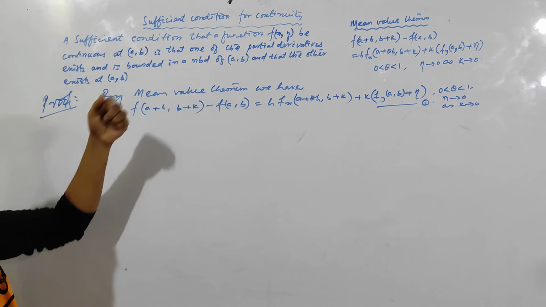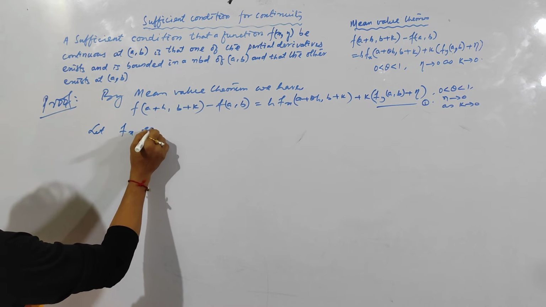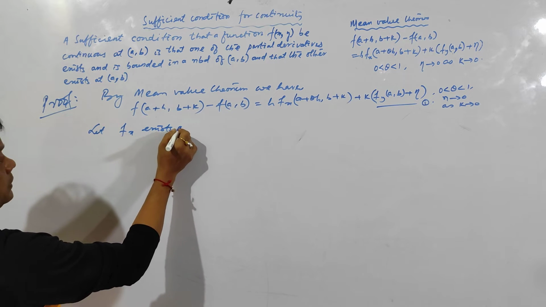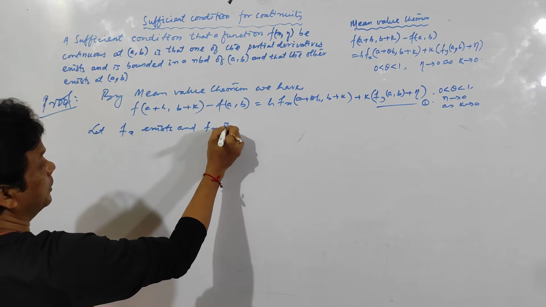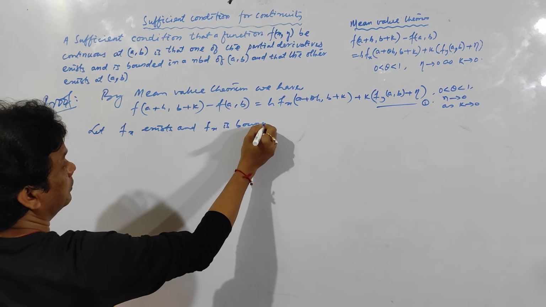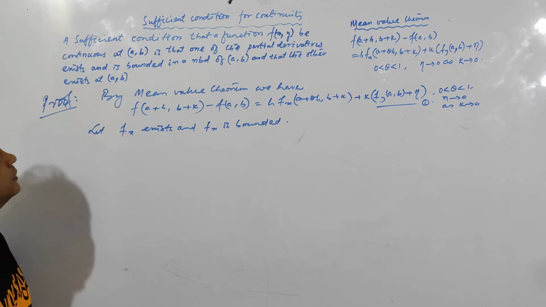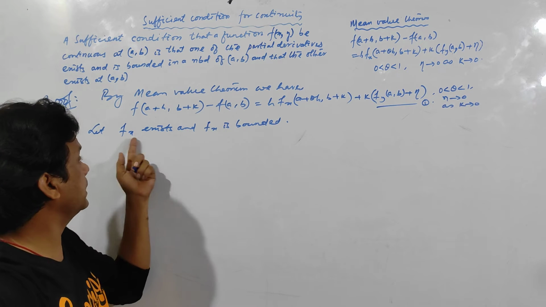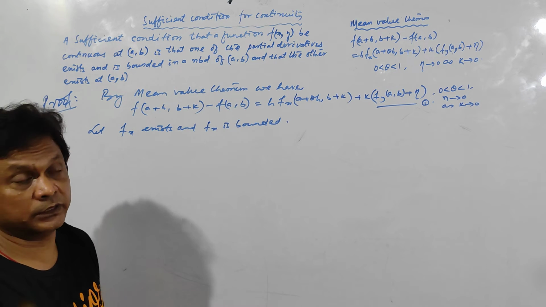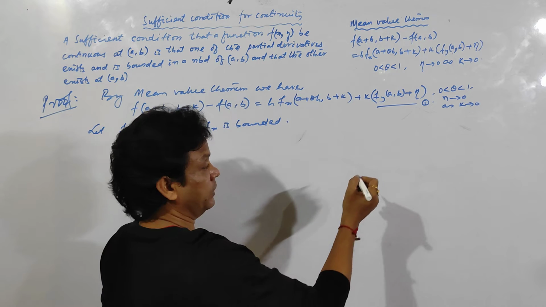Now it is given that let fx exist and fx is bounded. It is given that one of the functions should exist and be bounded, so I am taking fx exists and fx is bounded. Clear? And what is the condition for a bounded function?